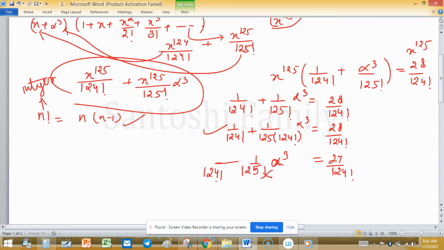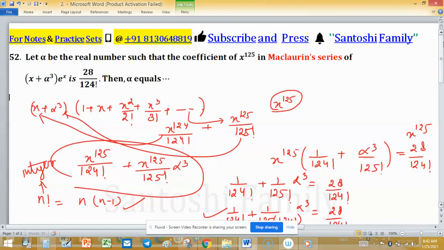So 124 factorial cancels out. Now alpha cubed equals 27 into 125. Now this is 3 cubed into 5 cubed. So alpha equals 15. So this is the final answer. We get the value of alpha is 15.